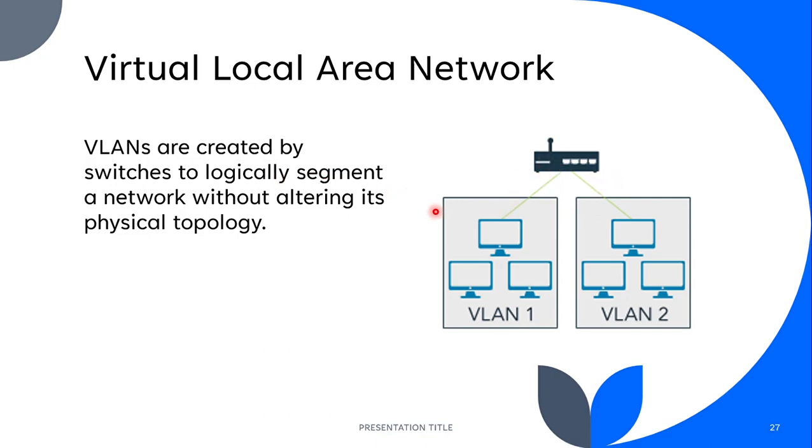But because a switch can be configured, you can create virtual LANs from the switch, and logically they will be on separate networks. All the devices in this network will be able to communicate with each other. But devices in the two virtual LANs will not be able to communicate directly unless you configure them.